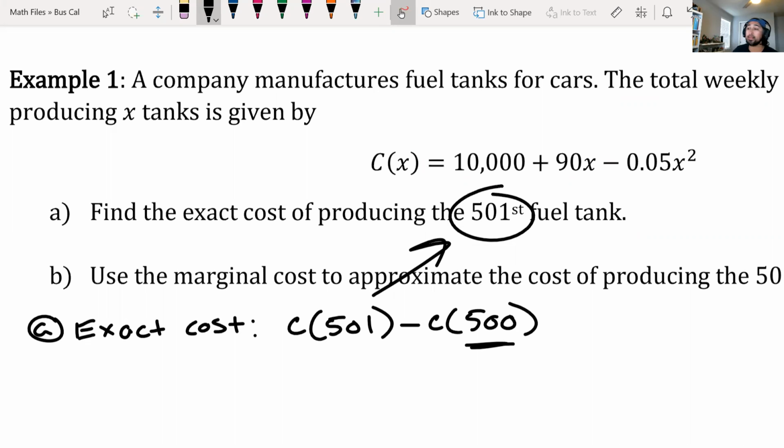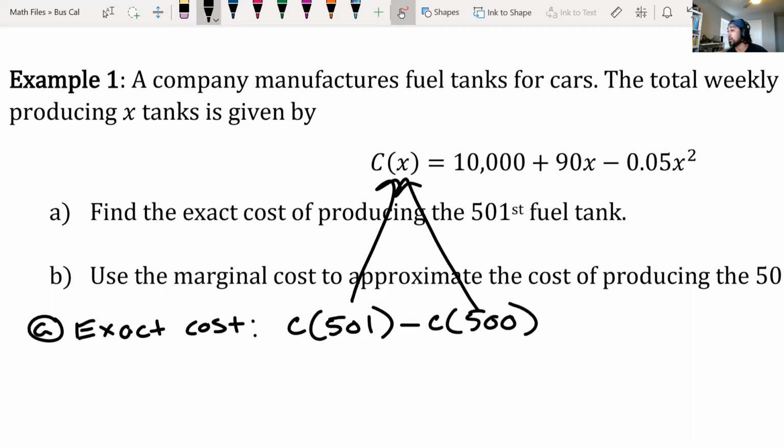So if it was find the exact cost of the 502nd, it would be 502 minus 501. So you always do one less. All right. And now what we're going to do is take these values and plug them into the cost function for X.